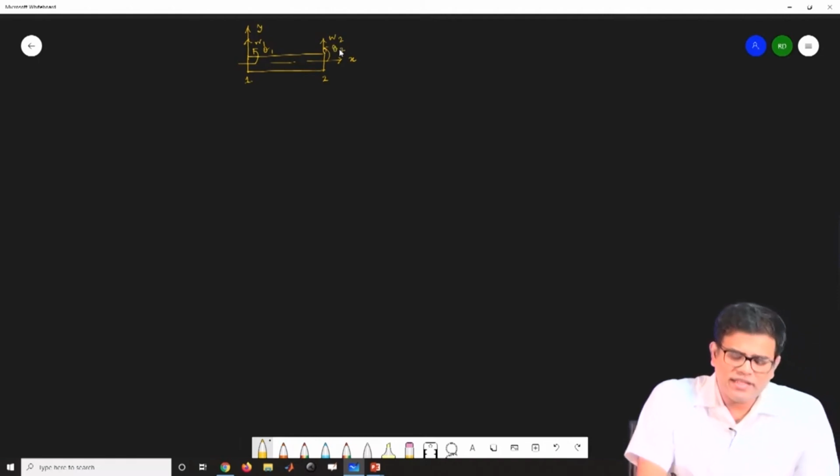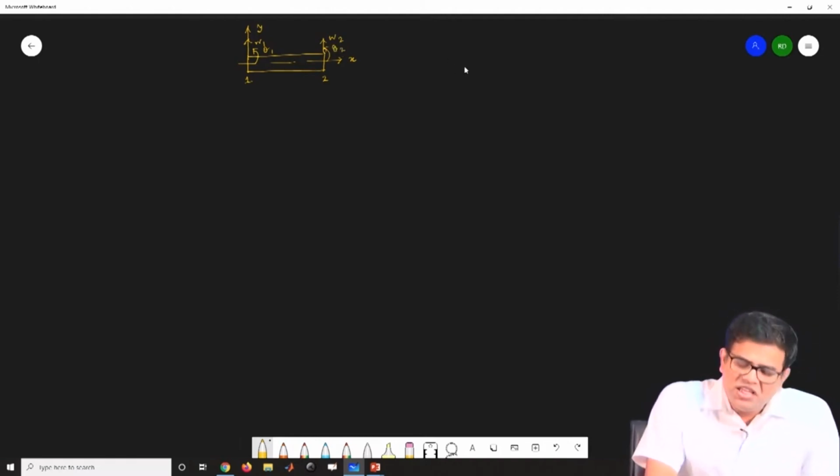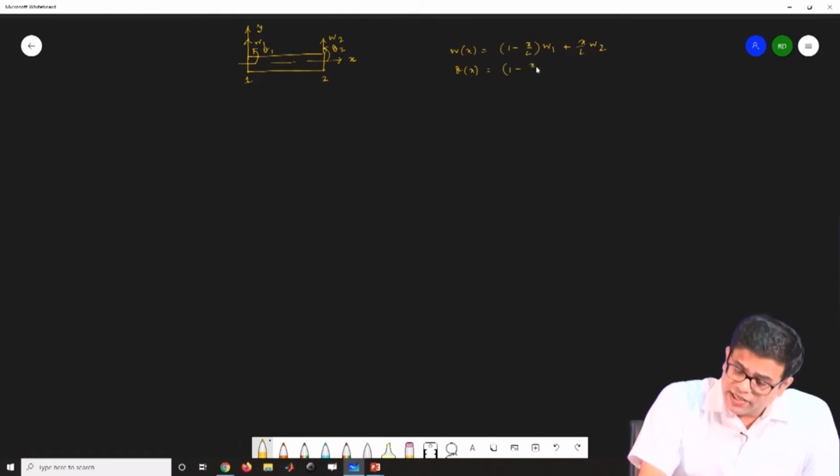So, theta 1 and theta 2 we can linearly interpolate. For instance, linear means first order Lagrange polynomial. W I can interpolate in this way, that is 1 minus x by L W1 plus x by L W2, and theta that is also 1 minus x by L theta 1 plus x by L theta 2.